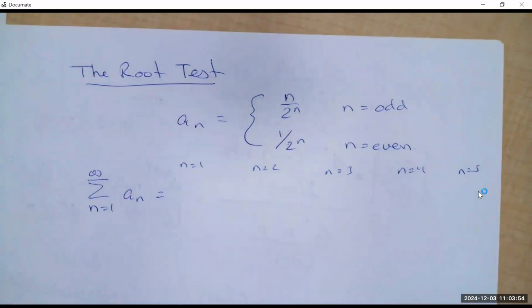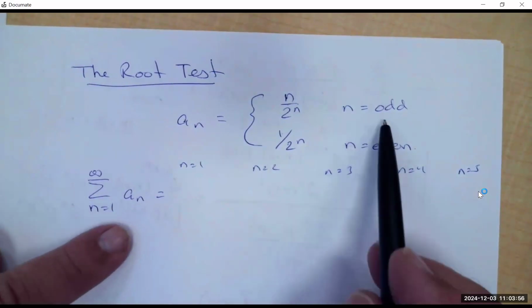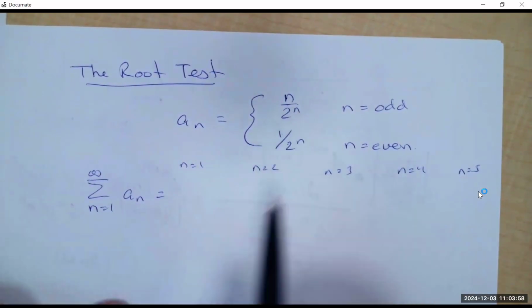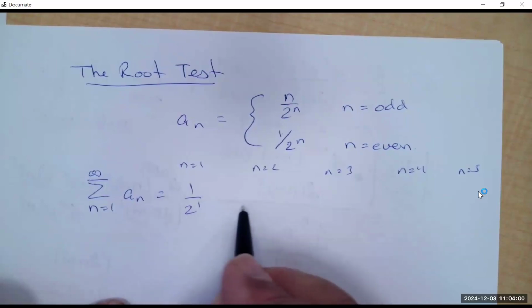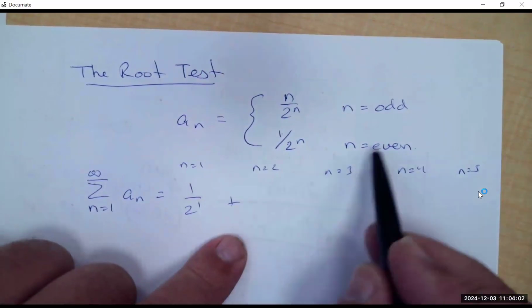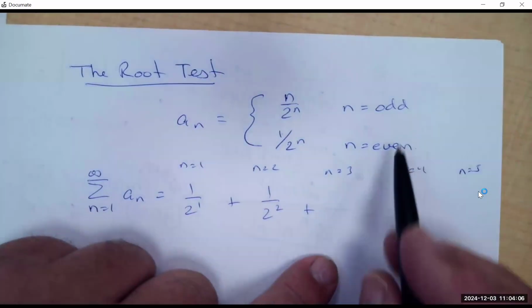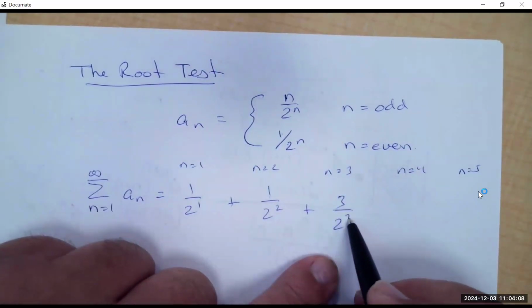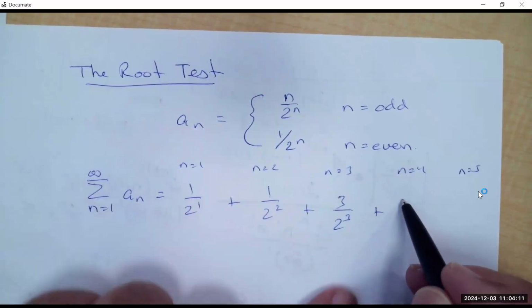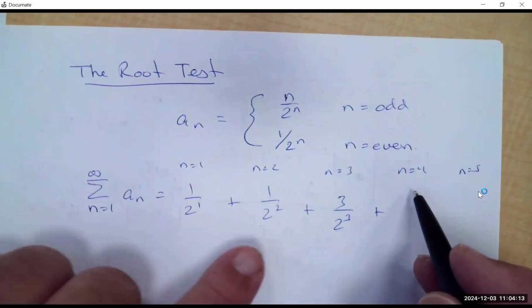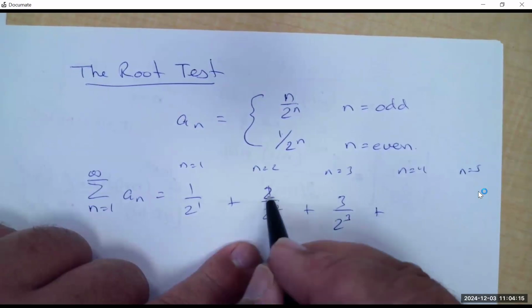So when n is odd, when n is 1, we use this top one. So it's 1 over 2 to the first. When n is even, we use the bottom one, 1 over 2 squared. 3 over 2 cubed. Oop, no, yeah, it's 1 over.